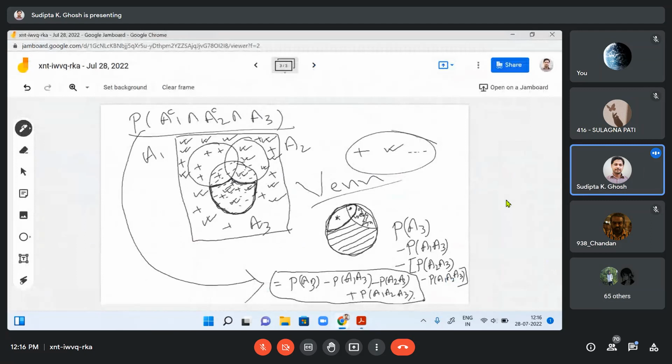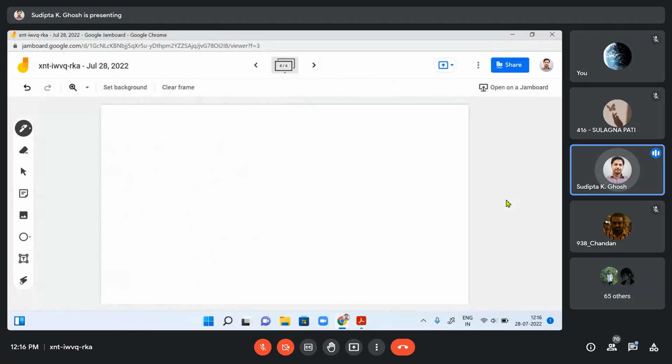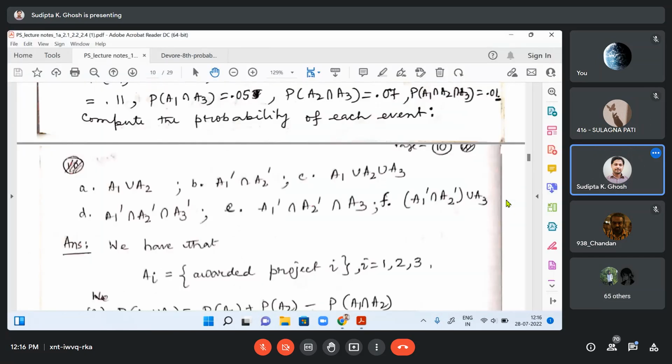So now I am moving to the last case. They have asked the probability of A1 complement intersection A2 complement union A3.